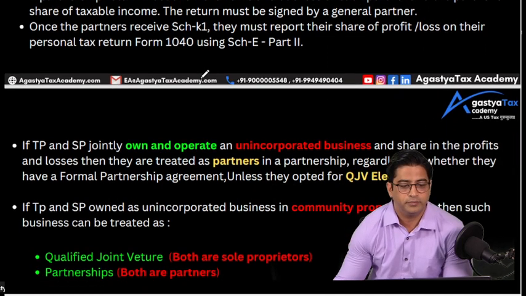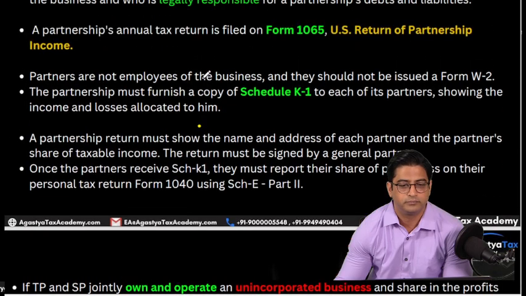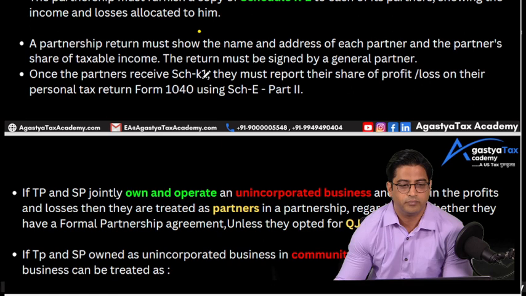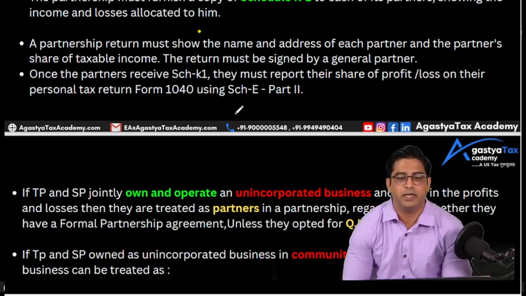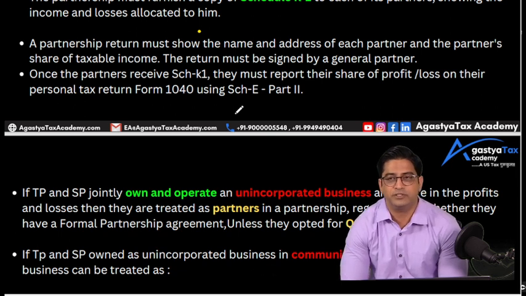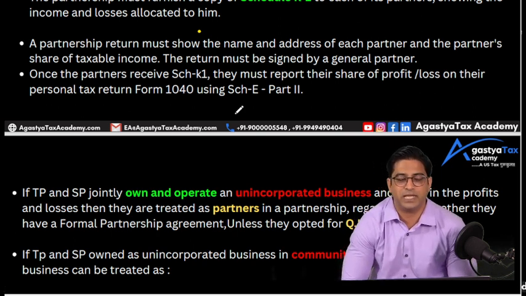Next point. A partnership return must show the name and address of each partner, and the partner's share of taxable income.